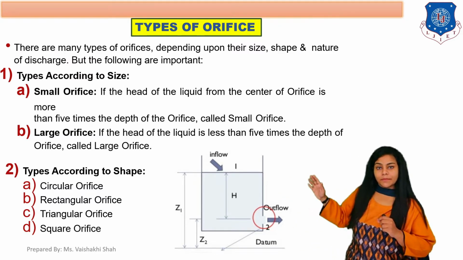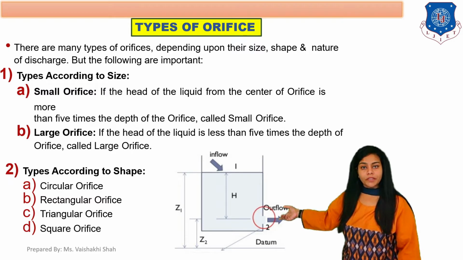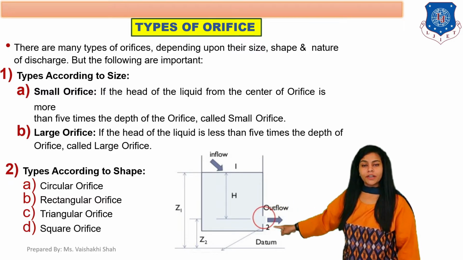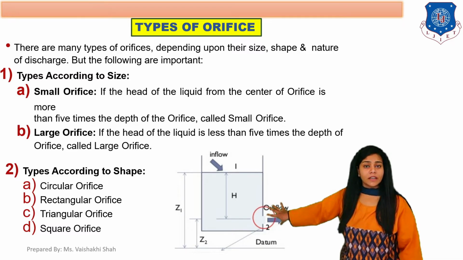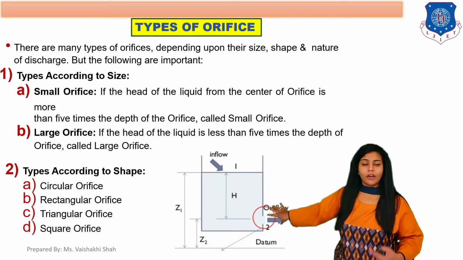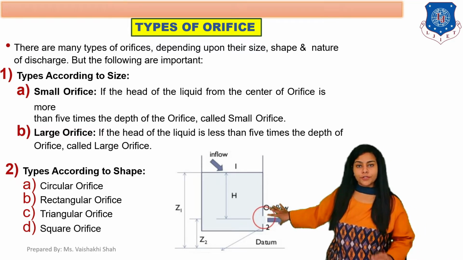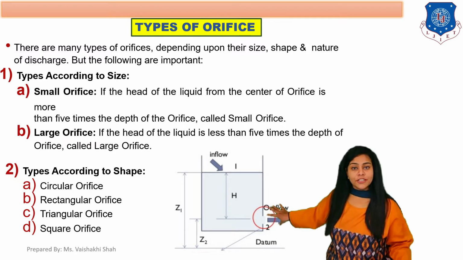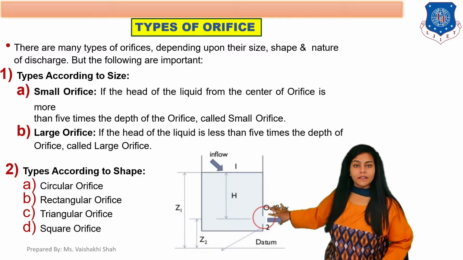This is your outlet, this is your orifice. If you provide different shapes here, like circular, rectangle, square or triangle, that is your type of orifice according to shape. You can provide any shape at the outlet of the container.